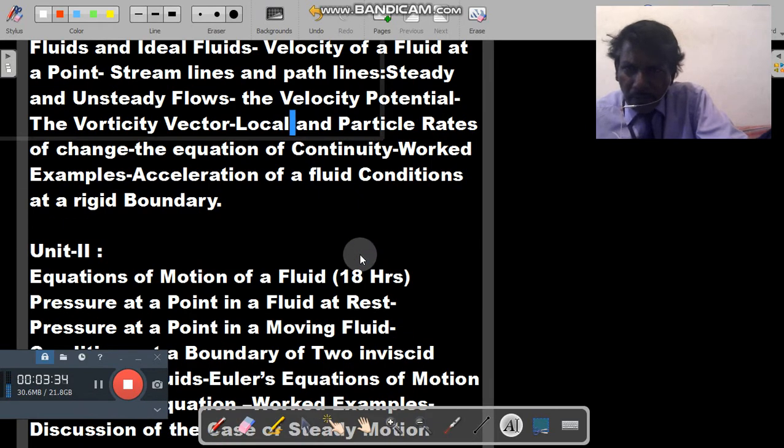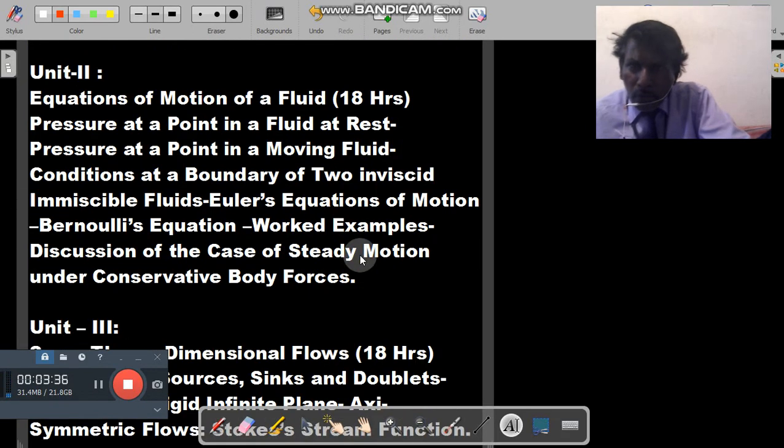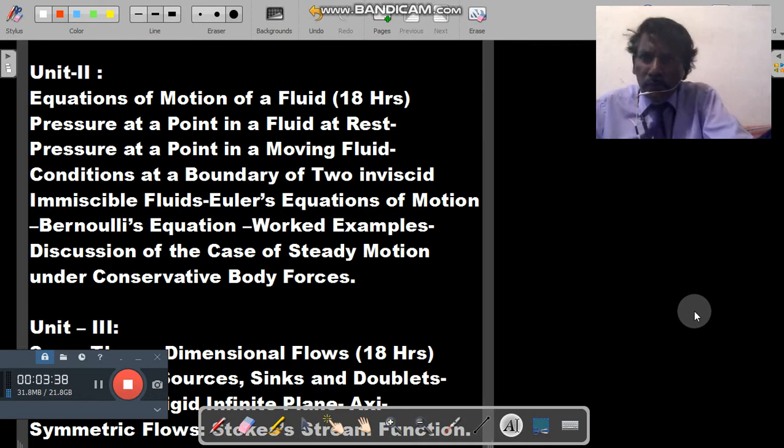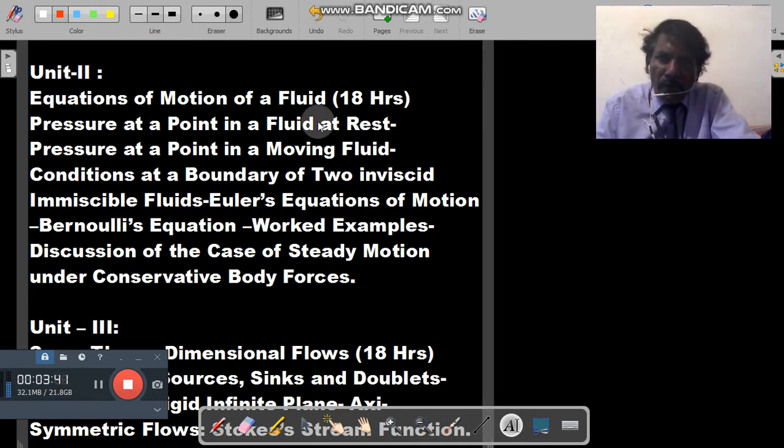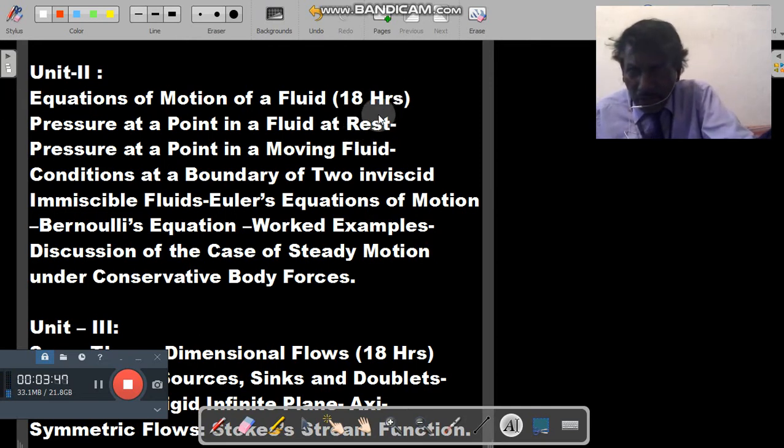Next is unit 2, the equation of motion of a fluid. Again, this is the title. Under these 18 hours, we have to discuss these particular topics.